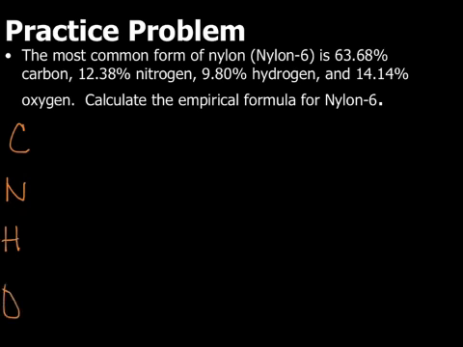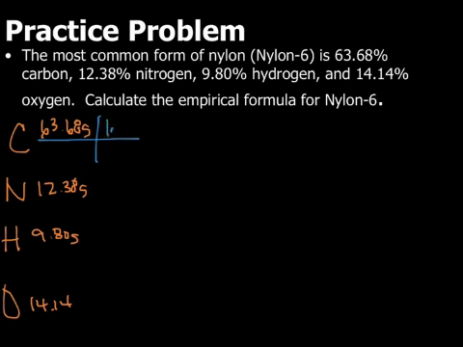So carbon, I have 63.68 grams. Nitrogen, 12.38 grams. Hydrogen, 9.80 grams. Oxygen, 14.14 grams. Next up, convert everything to moles.